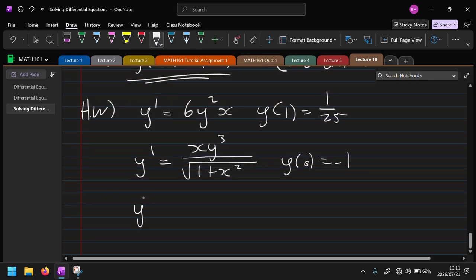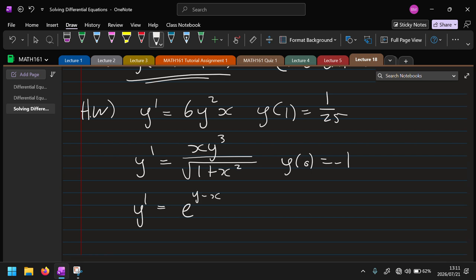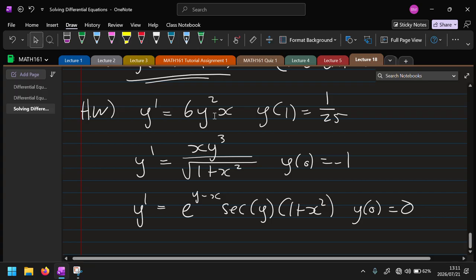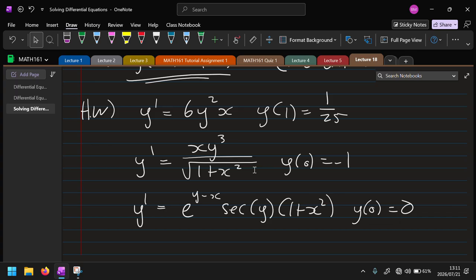And then one not so difficult, but a little bit challenging. Okay, so all of these are initial value problems. And all of these are separable. So the first two are pretty obviously separable. The last one, just remember that exponential, we can split into two parts. Yeah. So that is actually separable.